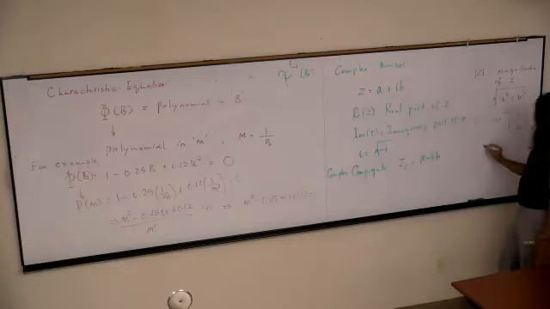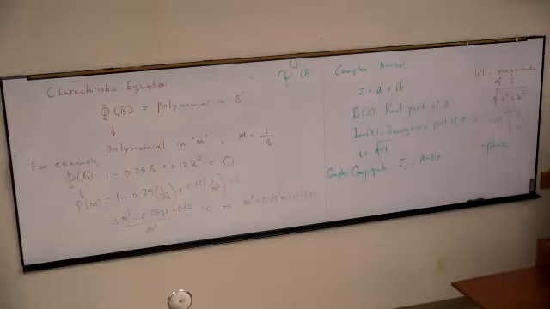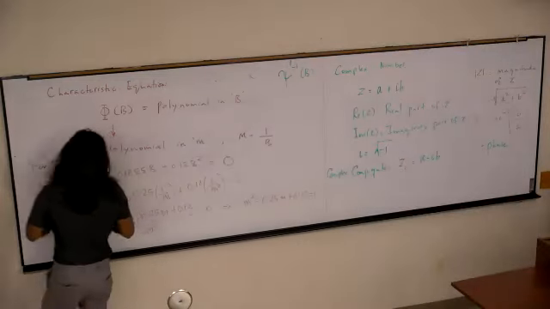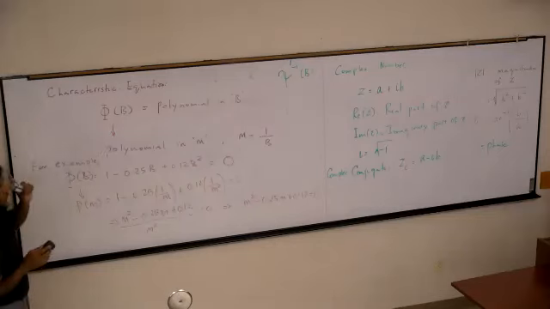That is called the phase. It shows up in spectral analysis all the time. Let's see if we can get to the spectrum today. If not, it will definitely show up on Tuesday's lecture. So we've got magnitude, we've got phase.